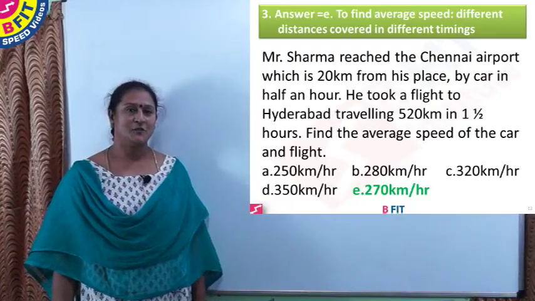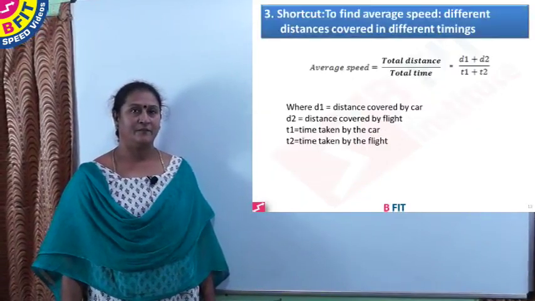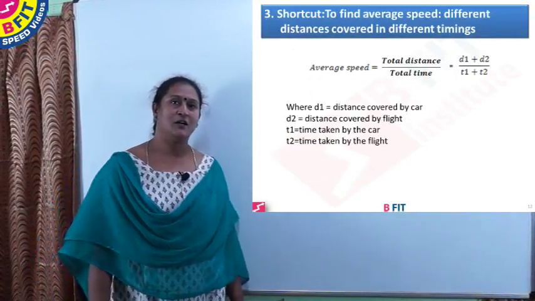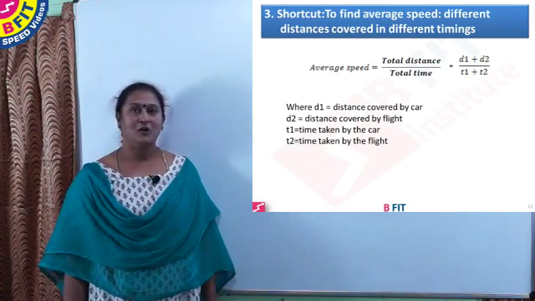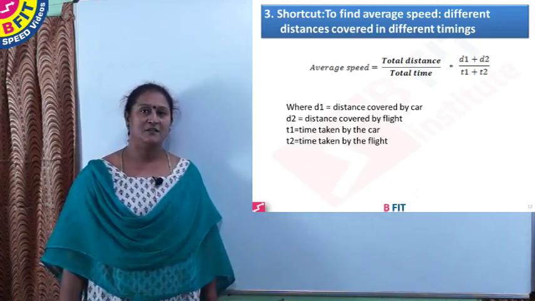And the answer is option E, 270 kilometers per hour. And the working is that average speed is got by total distance by total time taken. The total distance is got by adding all the partial distances, say d1 and d2, and the total time taken is t1 plus t2.